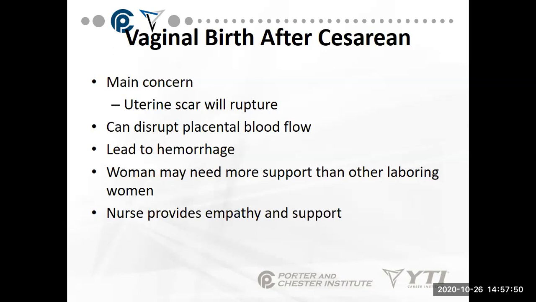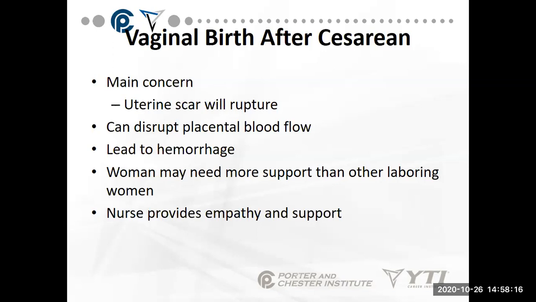Under that, it talks about vaginal birth after cesarean. The physician usually carefully selects women who are appropriate candidates for a vaginal birth after having a cesarean. Women having a vaginal birth after cesarean are going to need a lot of support compared to other women. The nursing care is going to be similar.